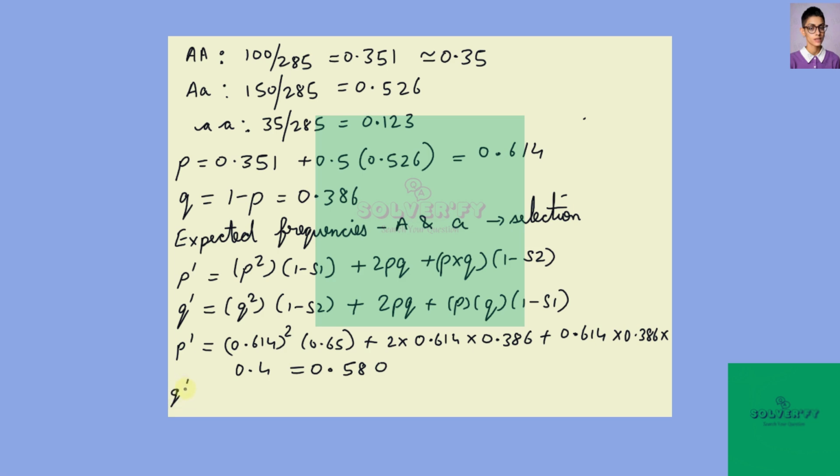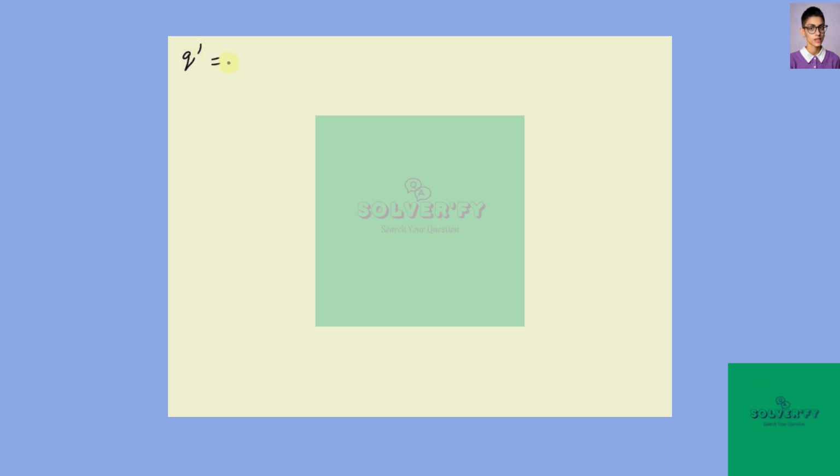In the same way, q dash will be equal to 0.386 square multiplied by 0.4 plus 2 multiplied by 0.614 multiplied by 0.386 plus 0.614 multiplied by 0.386 multiplied by 0.65, which will be equal to 0.420.